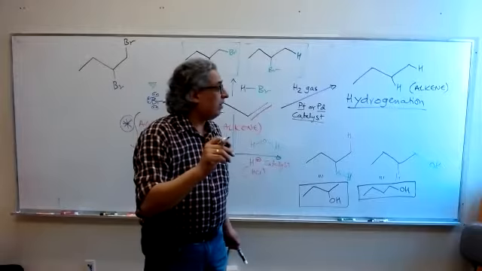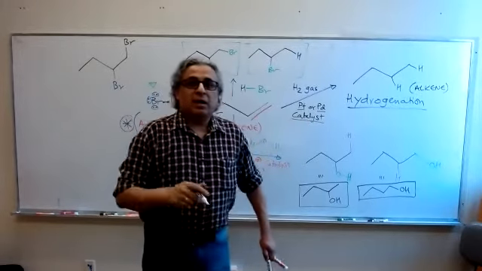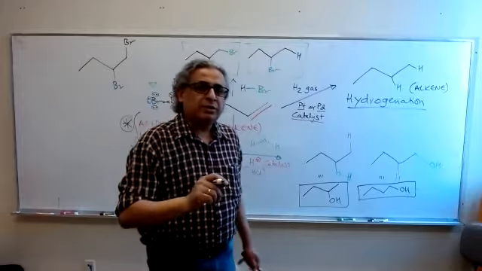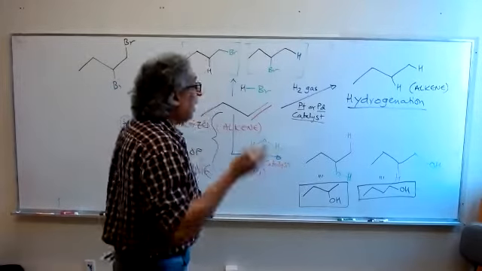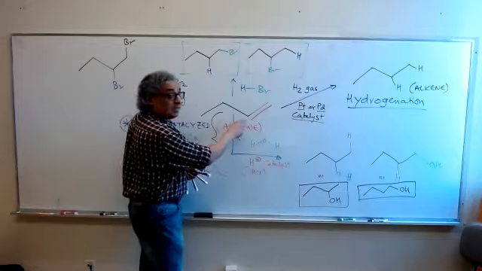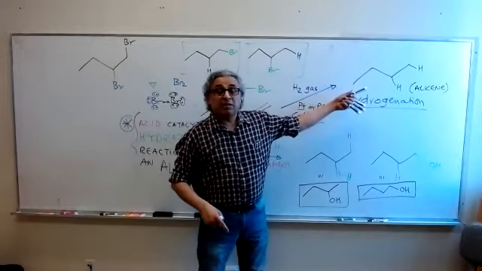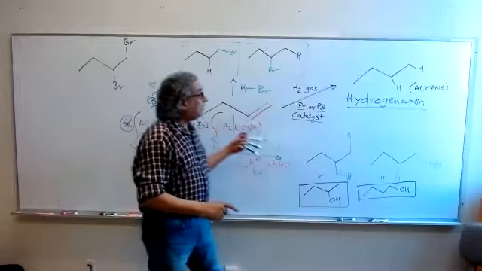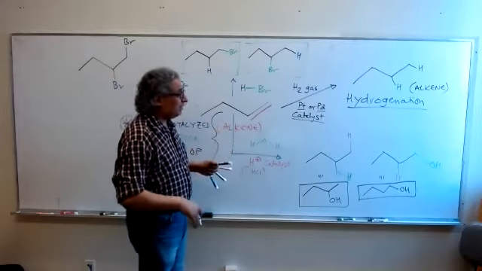This reaction is often called hydrogenation. You heard about hydrogenated fat, saturated fat. Unsaturated fat has double bonds. Saturated fat has no double bonds. Saturated fat is bad. Unsaturated fat can be a little better than saturated fat. We will discuss it some other time.